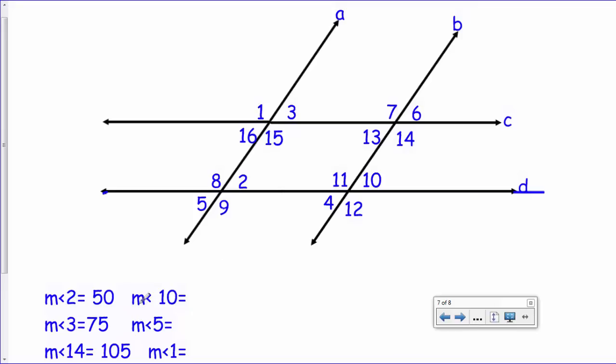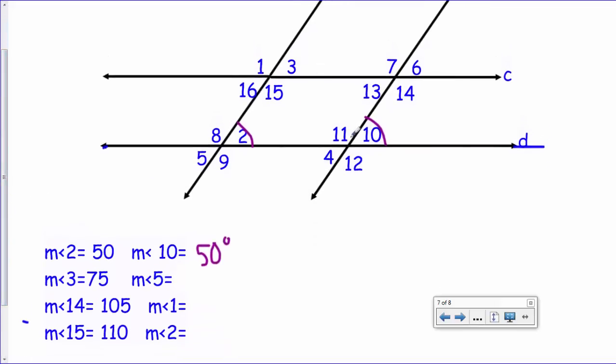So we have angle 2 and 10. Here's angle 2, here's angle 10. The transversal line is D. That means your parallel lines to look at go the opposite direction. A and B are the parallel lines. That would make these two angles corresponding. So they are congruent. So angle 10, 50 degrees.